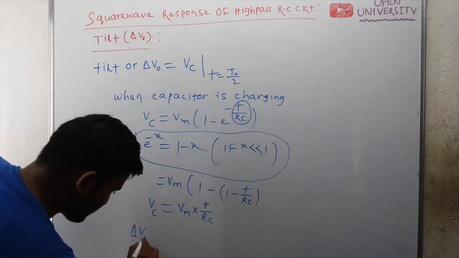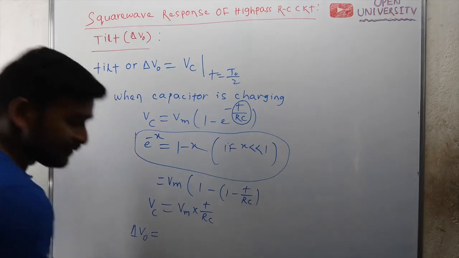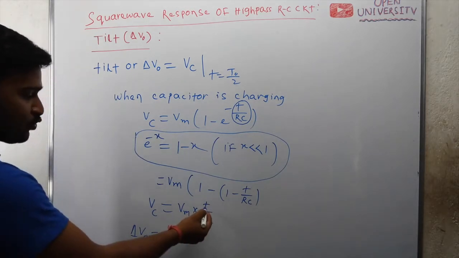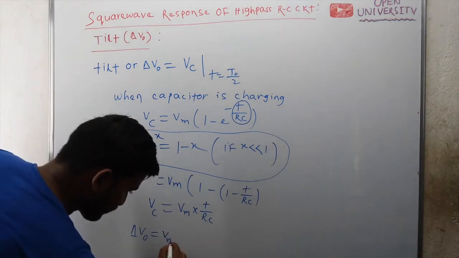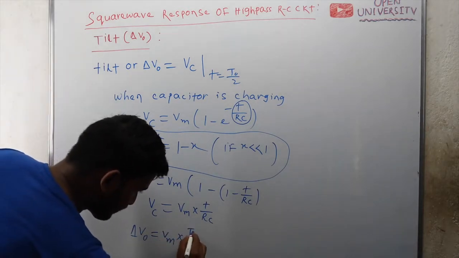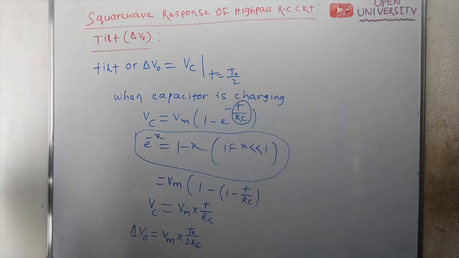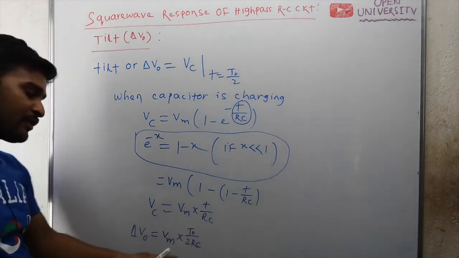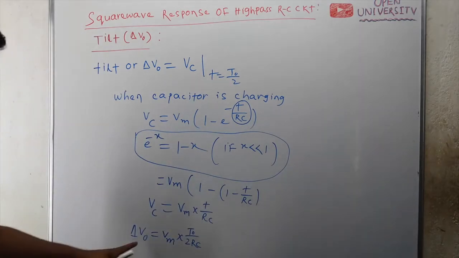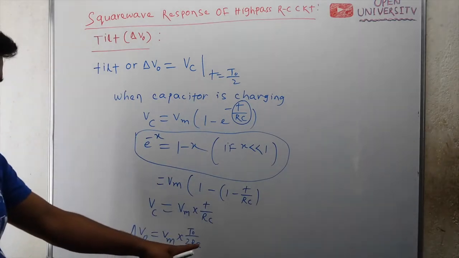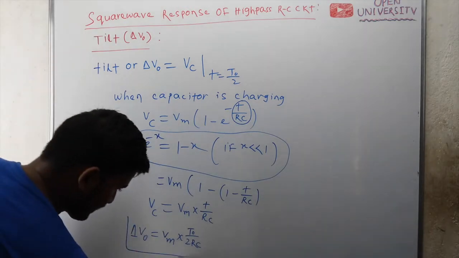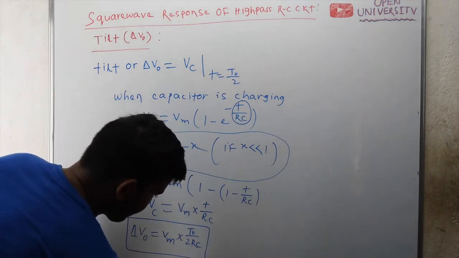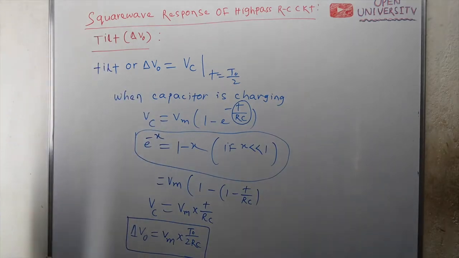So Vc is nothing but delta V naught. When t equal to t naught by 2, Vc is nothing but delta V naught. So delta V naught equal to Vm into t naught by 2 RC. I am substituting here t equal to t naught by 2. This is the formula of tilt: Vm into t naught by 2 RC.